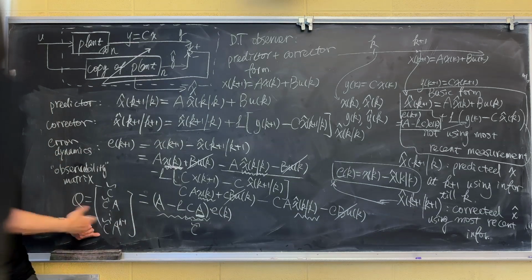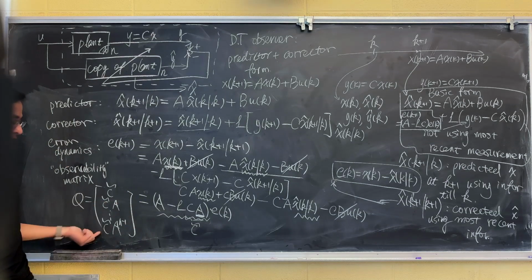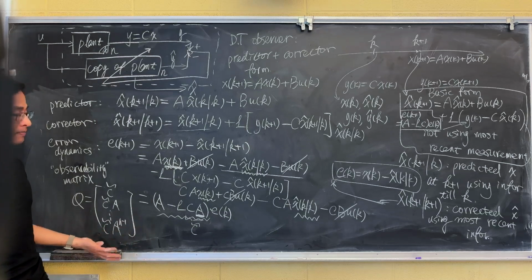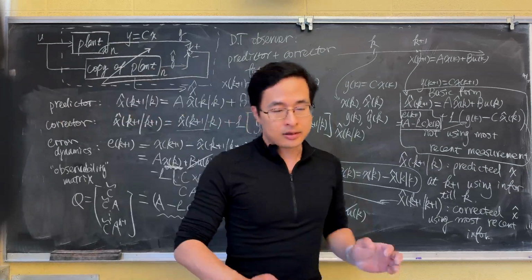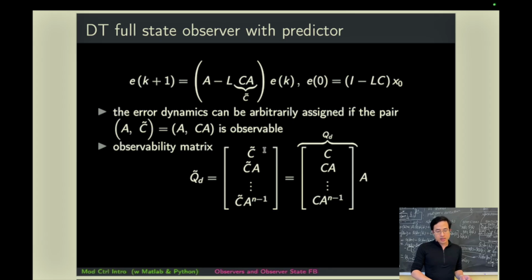You check the rank of this observability matrix. If it has rank n, then you can place the eigenvalues of this whole thing arbitrarily. So that's the condition. If you plug in C tilde equals C A, it becomes C A all the way down to C A to the n minus 1 times A. In other words, it is the original observability matrix times A. That's the new observability matrix.